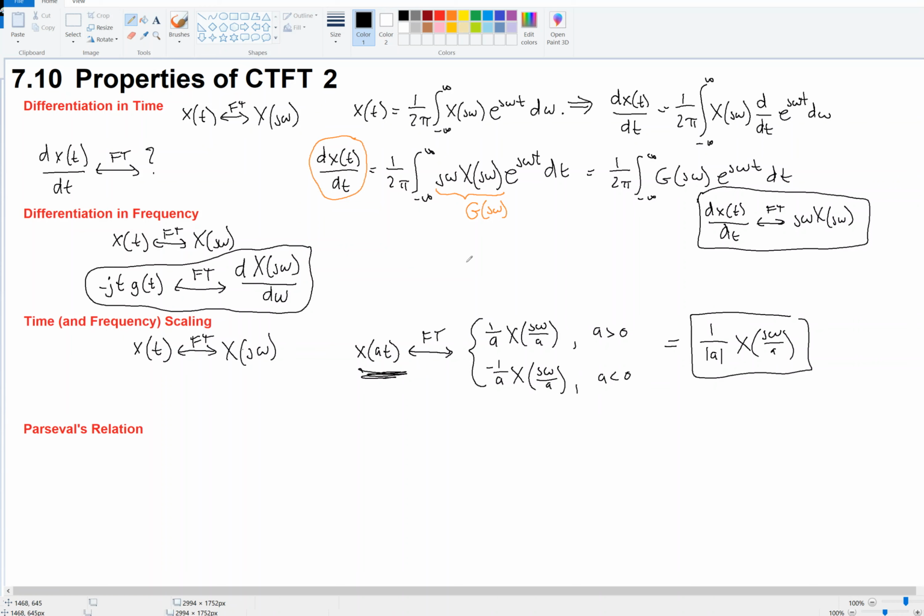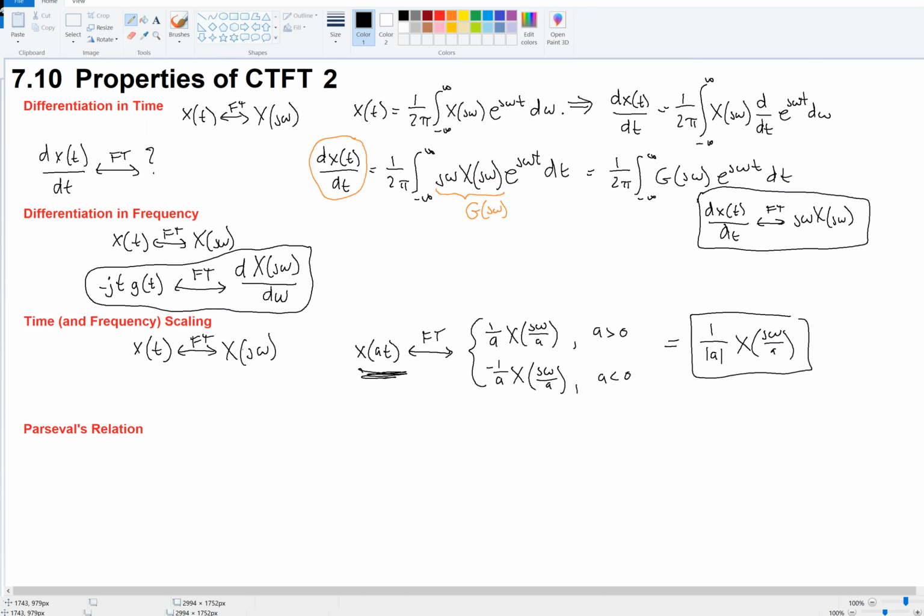So as you compress in time, you expand in frequency. And if a was 1/2, then expansion in time is like compression in frequency. Again, that is the Heisenberg uncertainty principle. It's a marvelous principle.